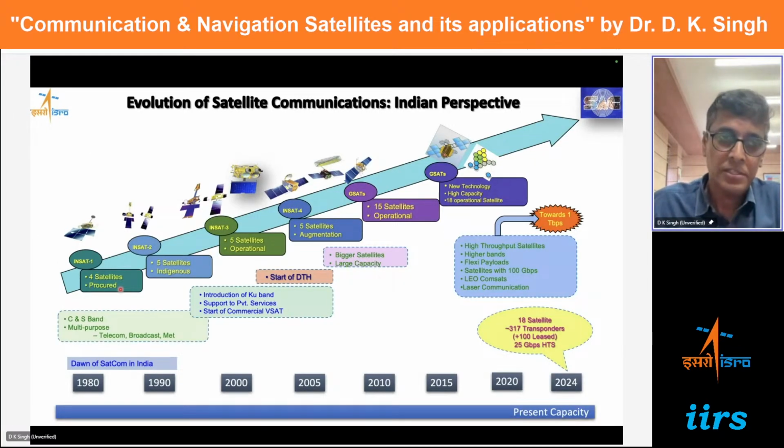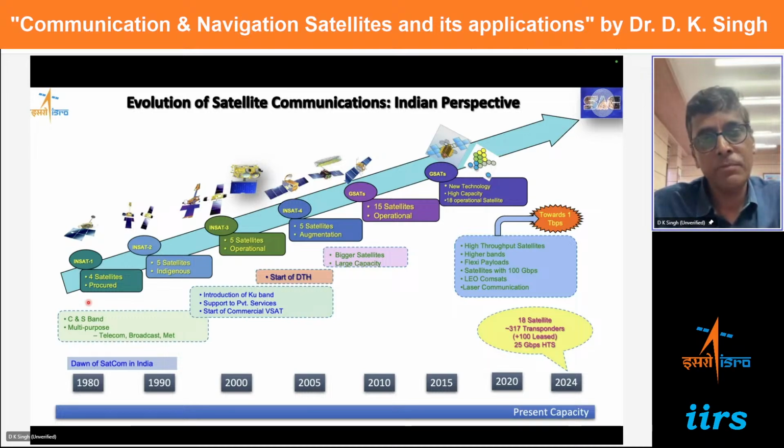Now, this is the story which covers our early days from the 1980s till date. We started from a small experimental satellite called Apple, followed by the INSAT-1 series of satellites which were procured from the US. Then we started building the INSAT-2 series of satellites. That's where I got involved in all this game.